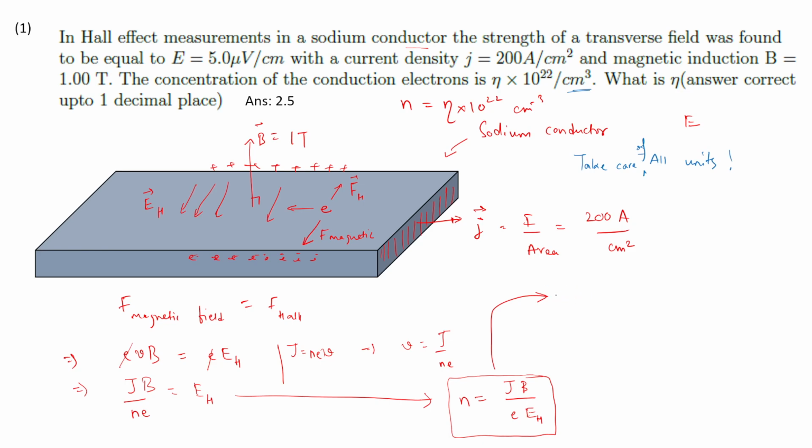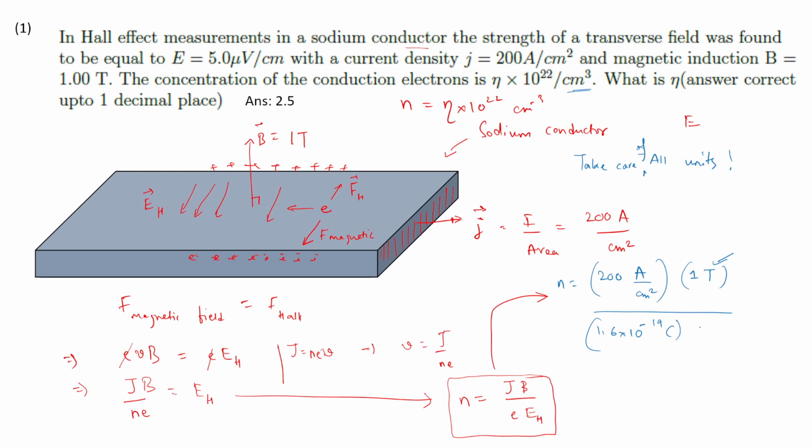So let us do that. J is 200 ampere per cm square. B is 1 Tesla, which is already in SI unit. Ampere is in SI unit, but centimeter is not. The electron charge is 1.6 into 10 to the power minus 19 coulomb, also in SI unit.